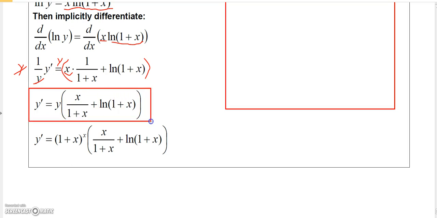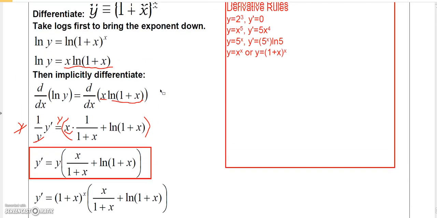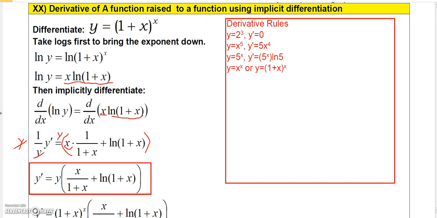And then I like to tell students in class, boy, wouldn't it be nice if we knew what y was? Wouldn't that be nice? Well, if you remember, in the beginning, we do know what y is. y is 1 plus x raised to the x.